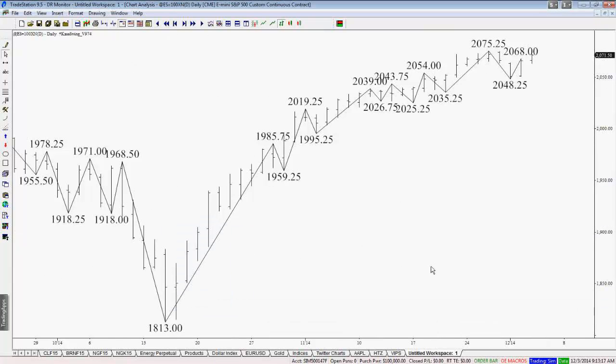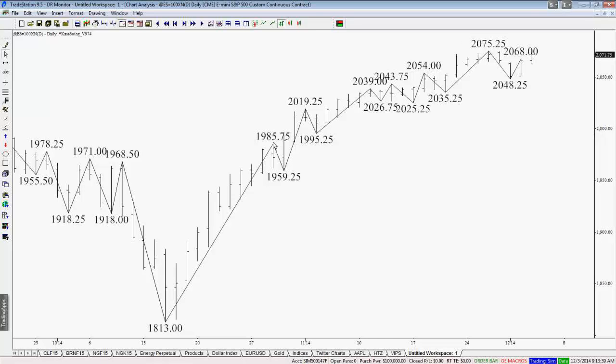Okay, looking at that move up from 1813, if you try to assess the biggest retracement, well, right now that's going to be 2075 to 2048. So right now that would be wave A. Not a very likely wave A. Ultimately, we are probably going to have to get a bigger correction. Just not looking very likely right now. It's looking like this might be another minimal correction like a lot of these have been.